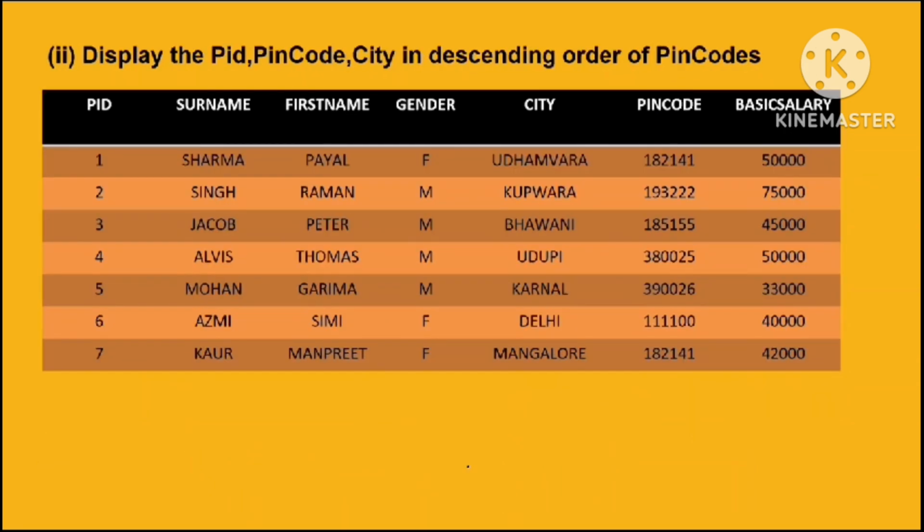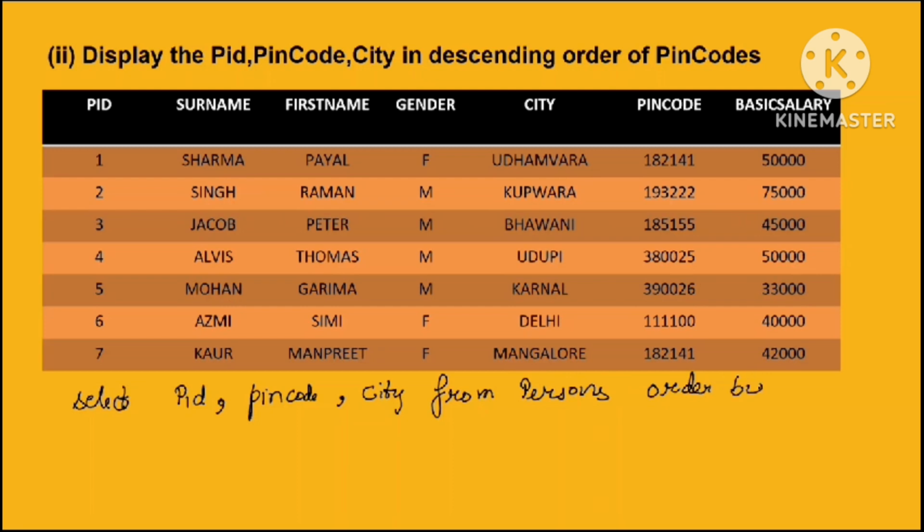Now next, display the PID, pin code, city in descending order of pin code. So you have to use the order by clause. For display you will use select PID. How many columns do you want to display? PID, comma, pin code, comma, city, from, again the table name, from persons, order by.